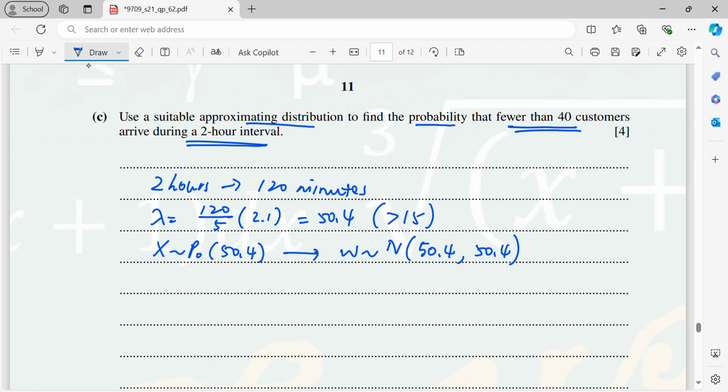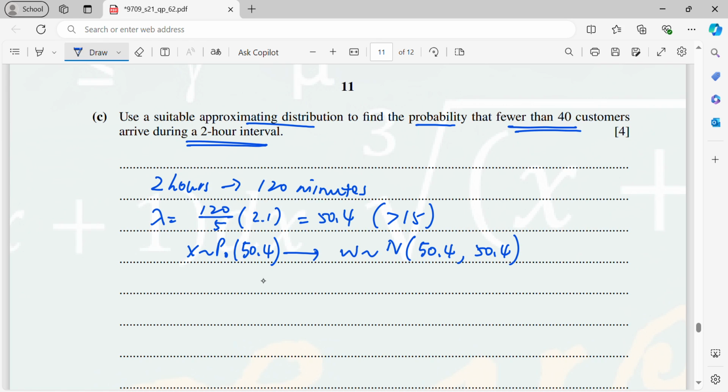Initially, X is Poisson distributed with mean 50.4, and from here it has been changed to normal.